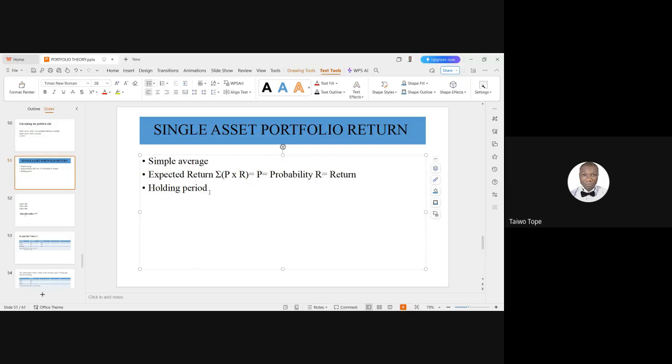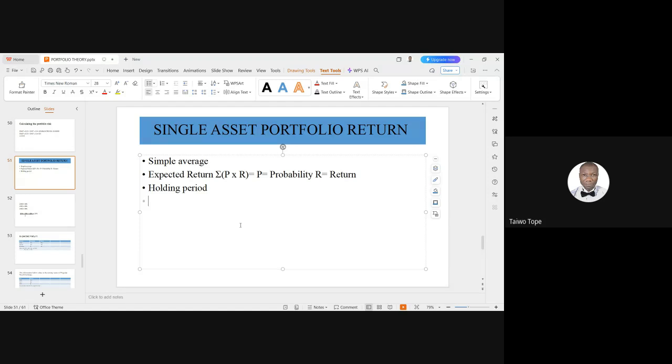Now, what are the components to compute holding period? You definitely have your past return, you definitely have income, and you definitely have price change as part of the question. Now, how do you compute your holding period?